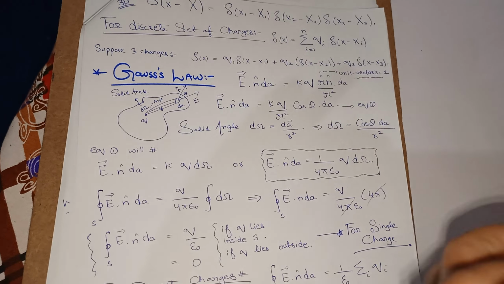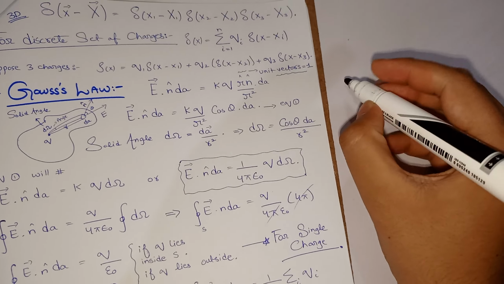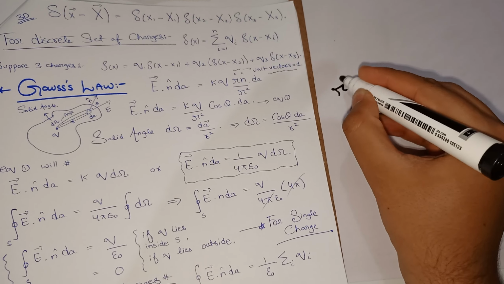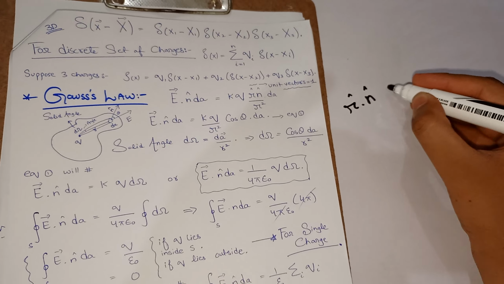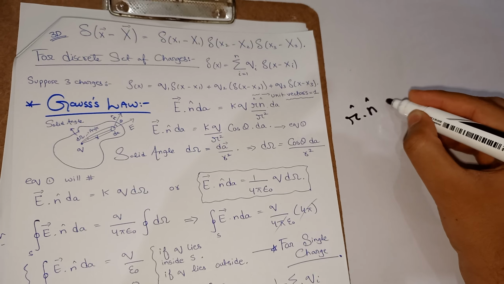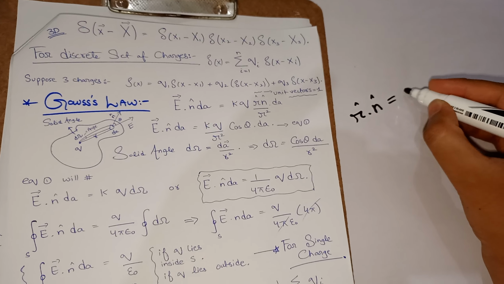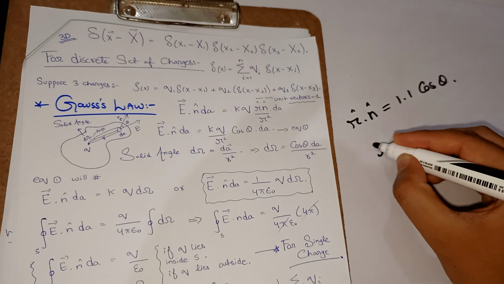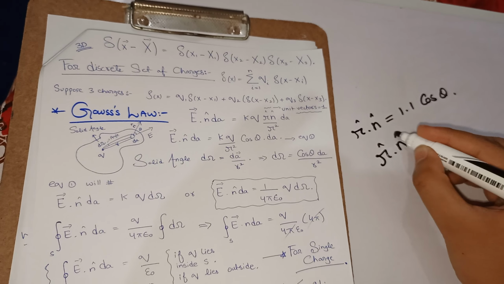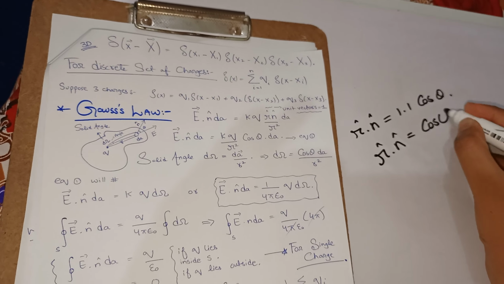So you can write it here as r unit vector dot n unit vector, and because it's a dot product, 1 times 1 times cos theta. So your r cap dot n cap is equal to cos theta.